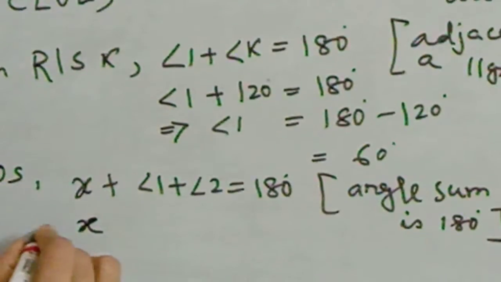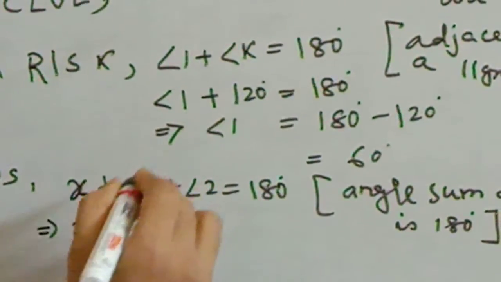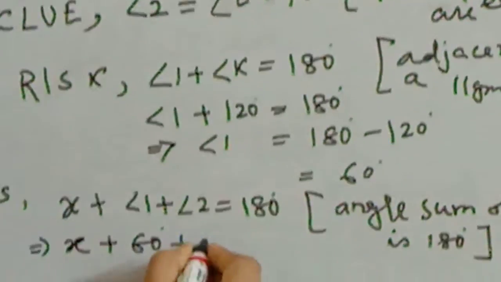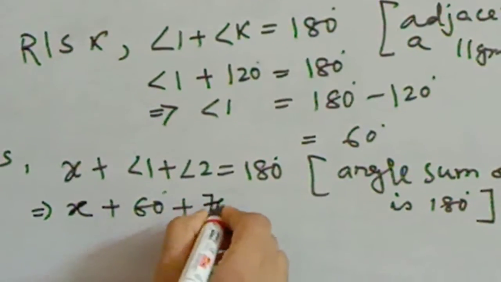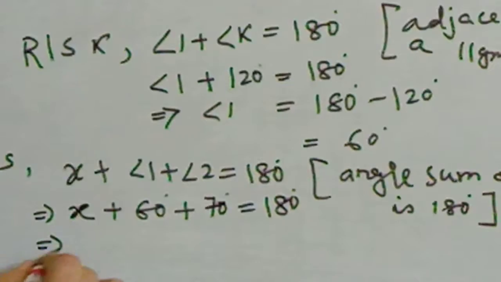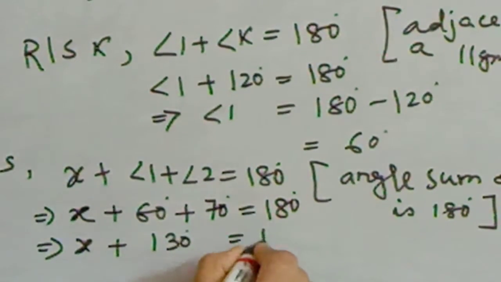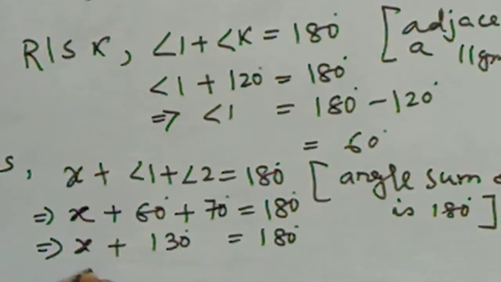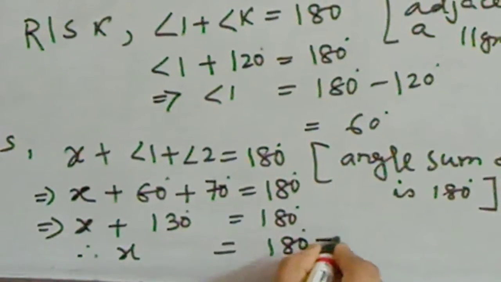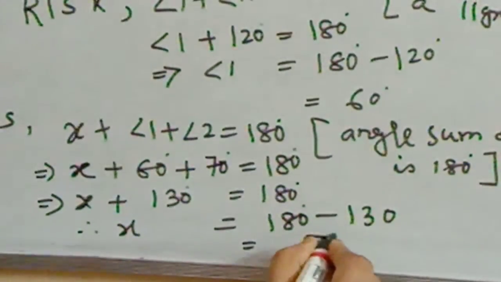Therefore, angle x plus 60 degrees plus angle 2, which is 70 degrees, is equal to 180 degrees. x plus 130 degrees is equal to 180 degrees. Therefore, the value of x is equal to 180 minus 130, that is 50 degrees.